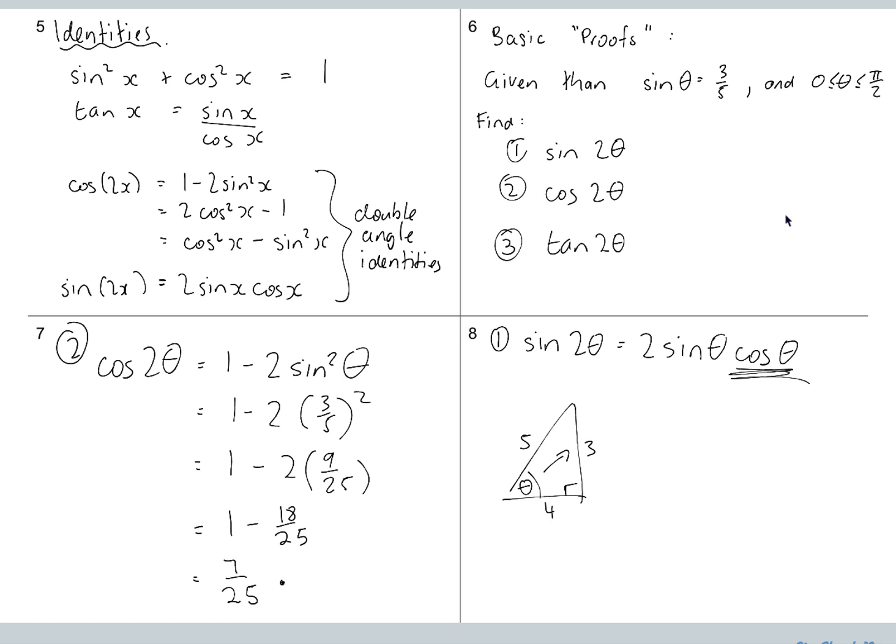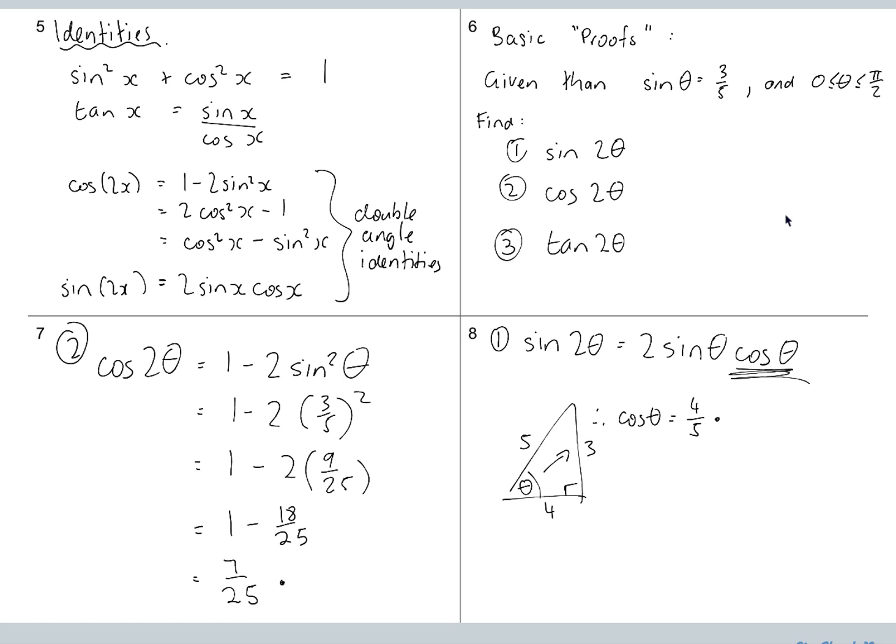So that means I've got 4 down here. Or you could use Pythagoras' theorem and go 5 squared minus 3 squared equals 16, square root it to get 4. So by finishing off the right angle triangle, you can say that cos theta is equal to adjacent over hypotenuse, so it's equal to 4/5. So that's way number 1.